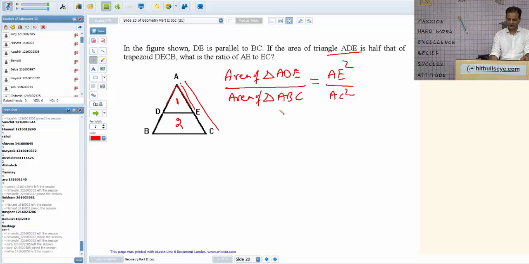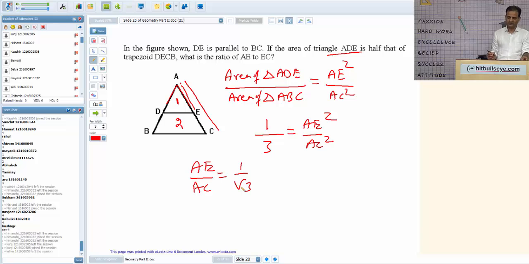So the area of ADE I have taken as 1 unit, and triangle ABC will be 3 units, which is equal to AE square over AC square. So AE by AC will be 1 by √3. Now the question is the ratio of AE to EC. We know AE is 1 and AC is √3.